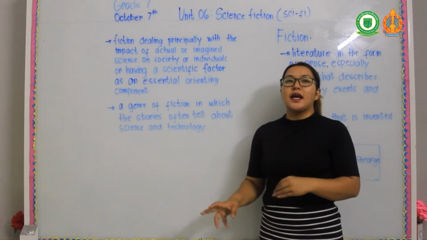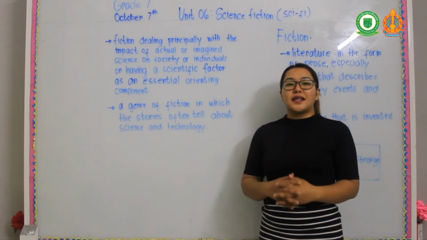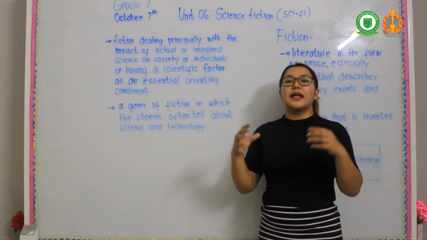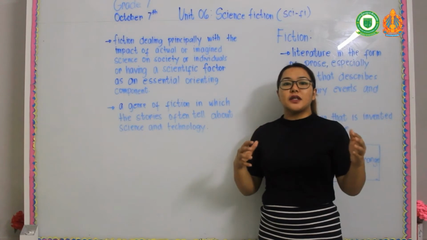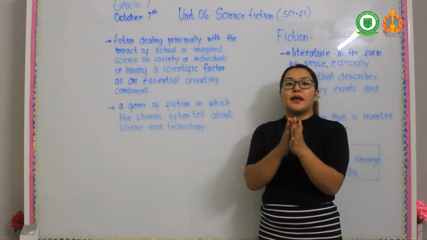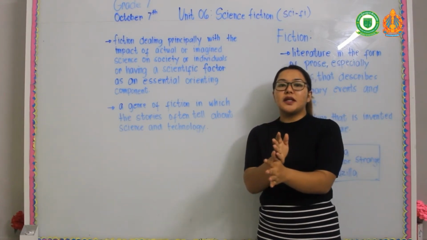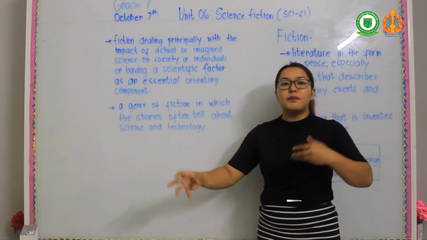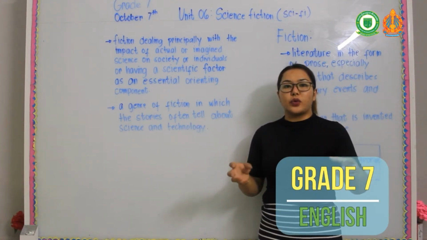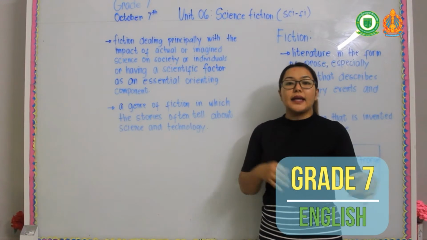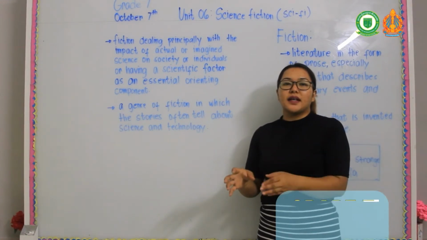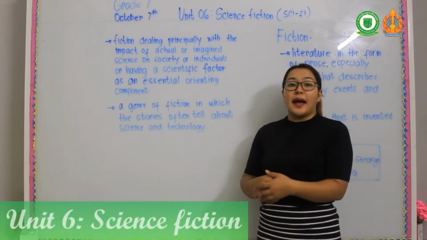Actual or imagined. So science fiction, sometimes it can be fully imaginary, or it can be both imaginary and actual, meaning some part of this story already happened, is happening, and some part is something that is impossible to happen.